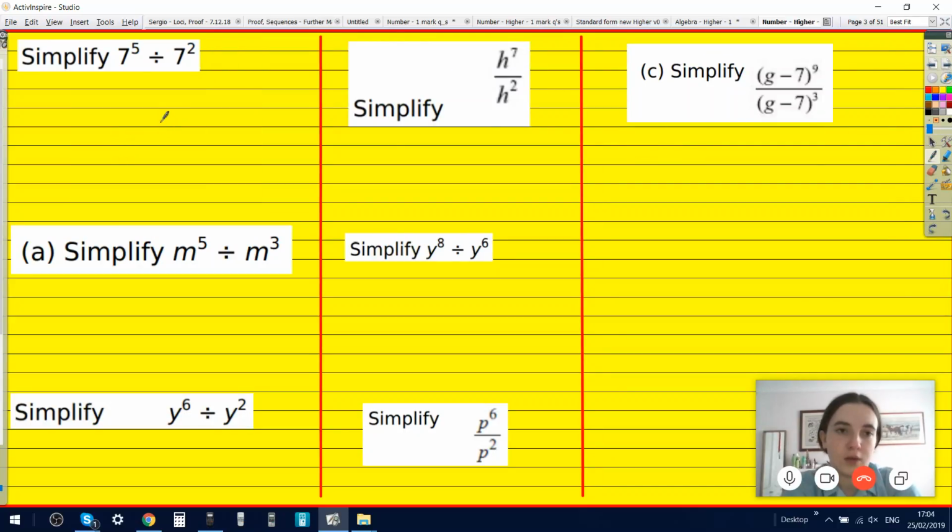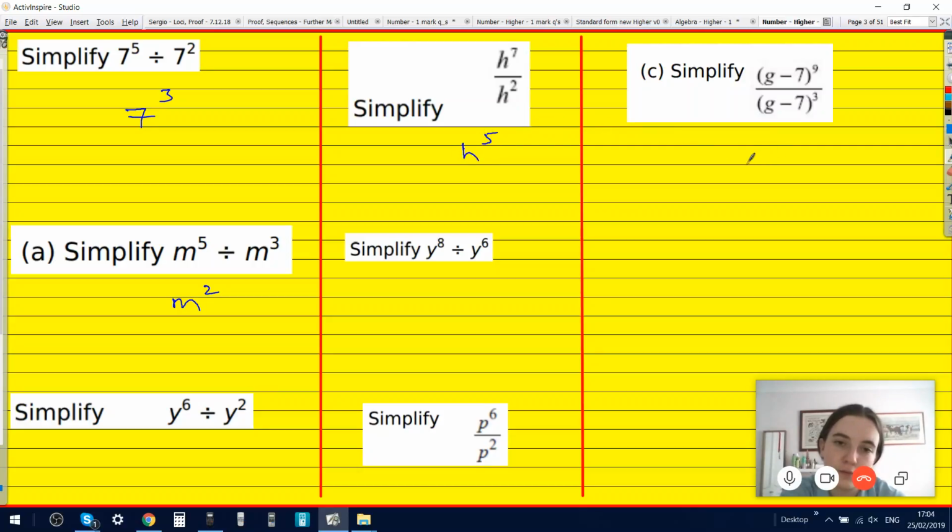Top left. 7 to the 3. The one under it. M to the 2. Top middle. H to the 5. And top right. G minus 7 to the 6. Yep.